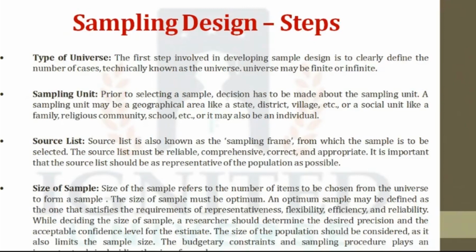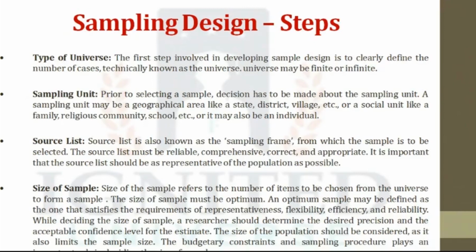We may have N as a finite number or an infinite quantity. Another worth mentioning point over here is that we may approximate a very large, uncountable number as infinite number in regard to the population size.